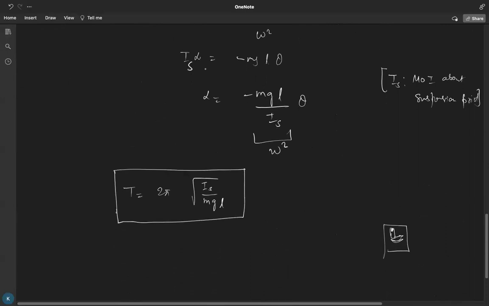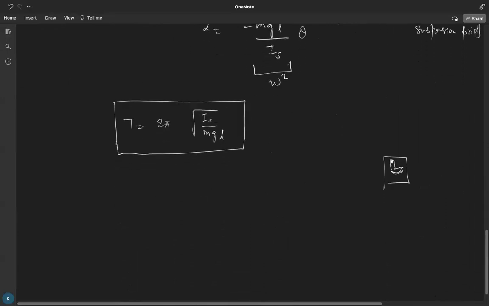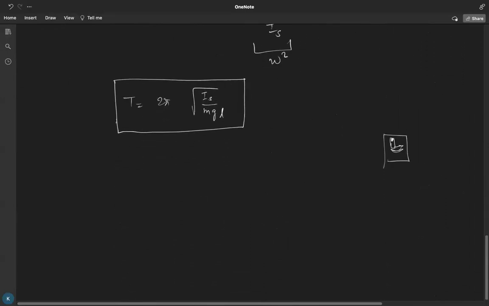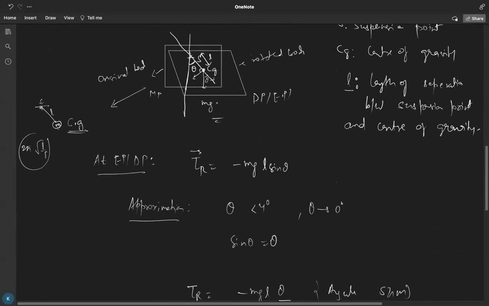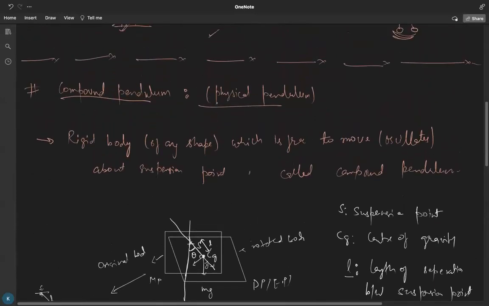So we get the time period formula, which is nothing but T equals 2 pi root under I about the suspension point divided by mgL. Why am I not writing mL square? The reason is that I am writing the definition of the compound pendulum, which applies to a rigid body of any shape, not just a concrete one.